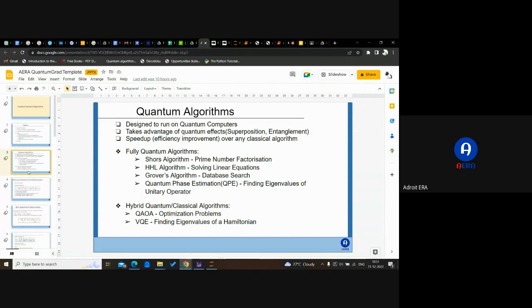We need both of them to run a particular algorithm. Such algorithms are called hybrid quantum classical algorithms, and QAOA and VQE are two of such algorithms. VQE is used to find eigenvalues of a Hamiltonian. To put it in layman terms, it's used to find the ground state energies, or ground state structure, of a particular protein or molecule.